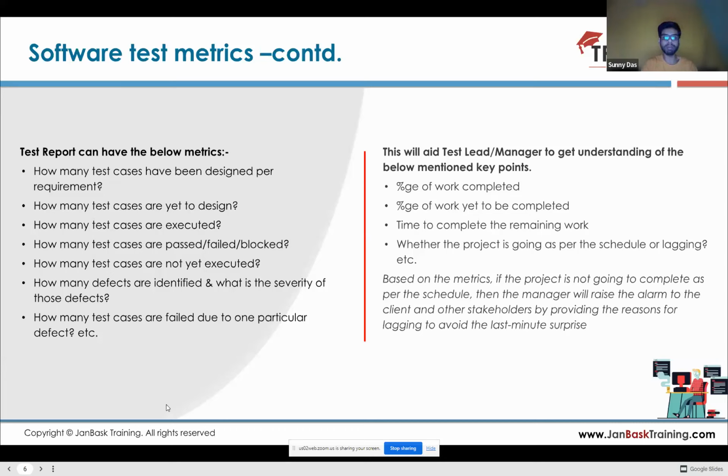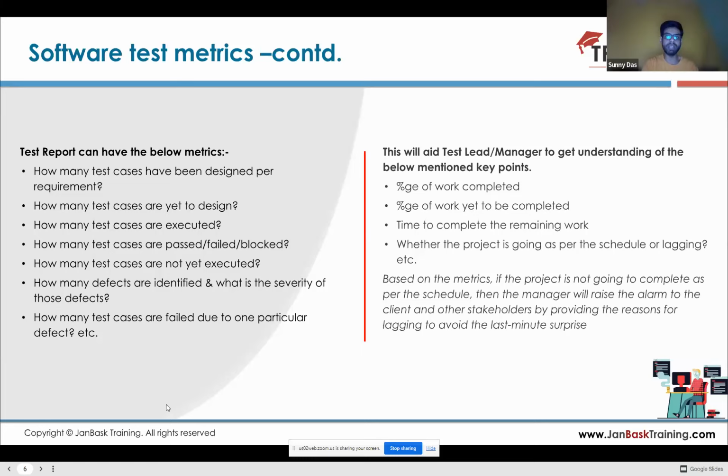So if you remember some of the test design techniques, what were those? There were different test design techniques like boundary value analysis, equivalence partitioning, decision table, and state transition.